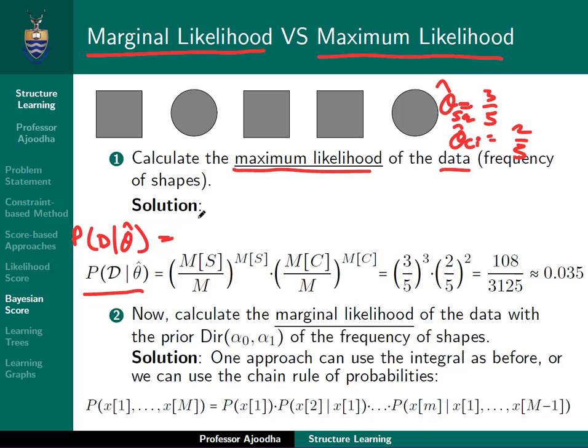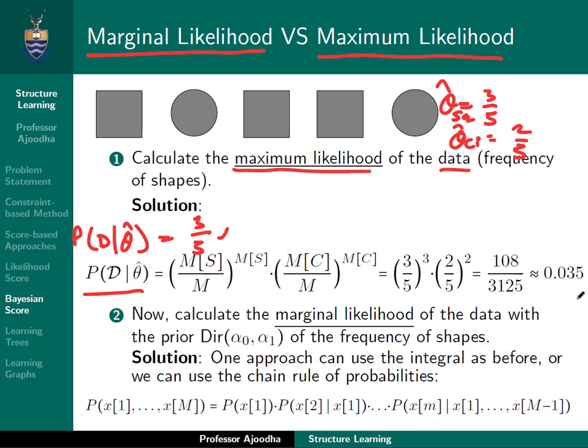It becomes 3 over 5 multiplied by 2 over 5, multiplied by 3 over 5, multiplied by 3 over 5, and then multiplied by 2 over 5. We can summarize this as 3 over 5 to the power of 3 multiplied by 2 over 5 to the power of 2, which is 108 divided by 3,125, and that gives us about 0.037. So this is the likelihood of the data.